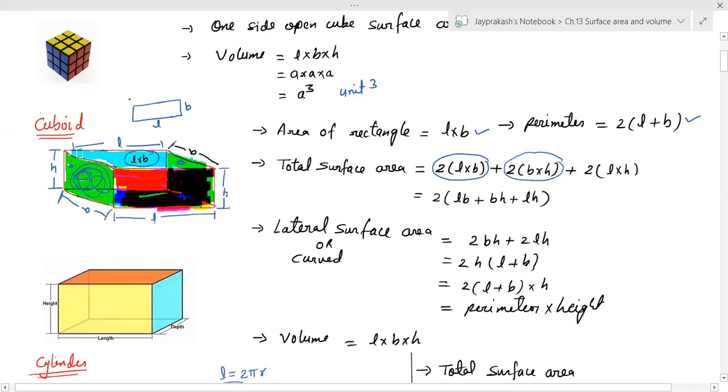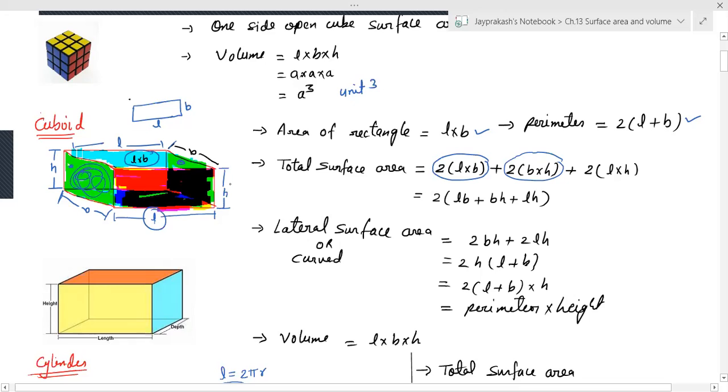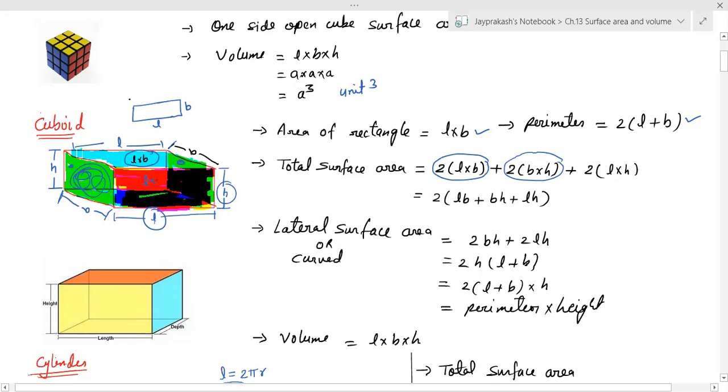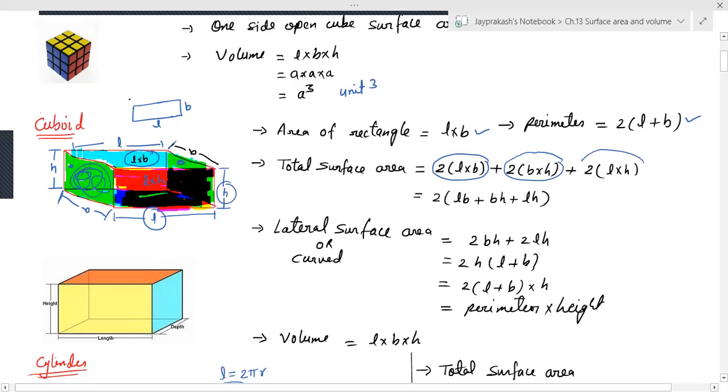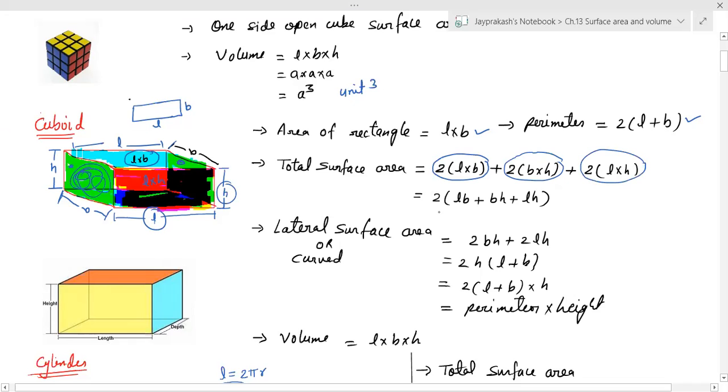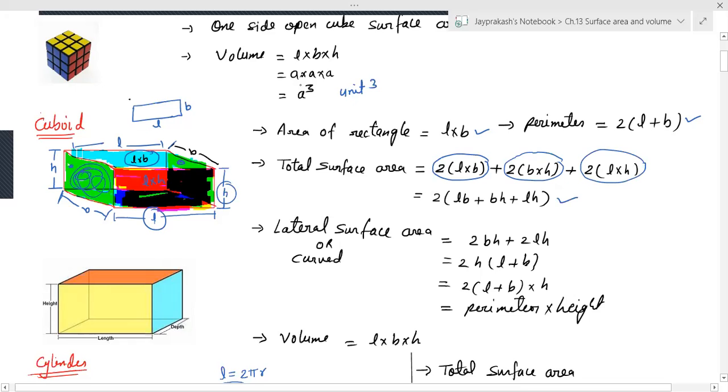Now, if we talk about the front and the back side, that involves length and height. So the area of this front portion is L into H. A similar face is behind. So that's why we are again using twice L into H. So 2 will be common. This one is the total surface area of the cuboid.